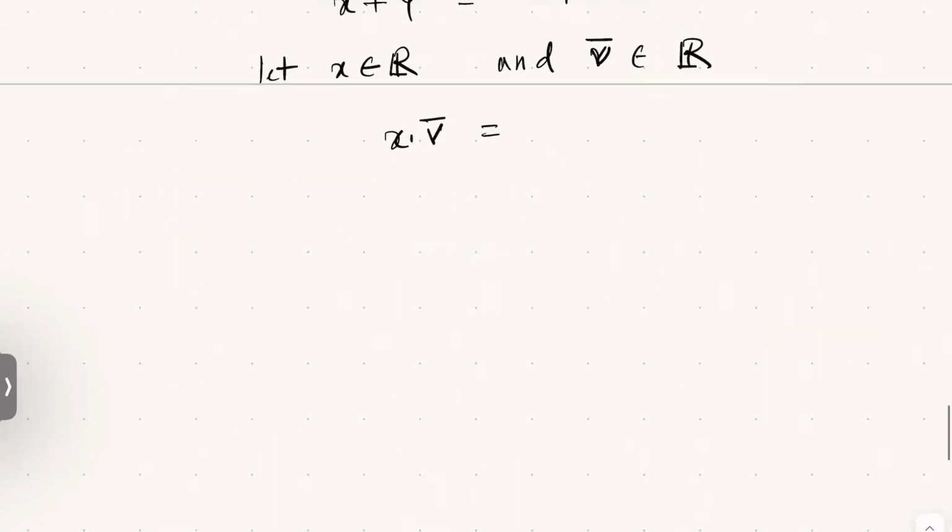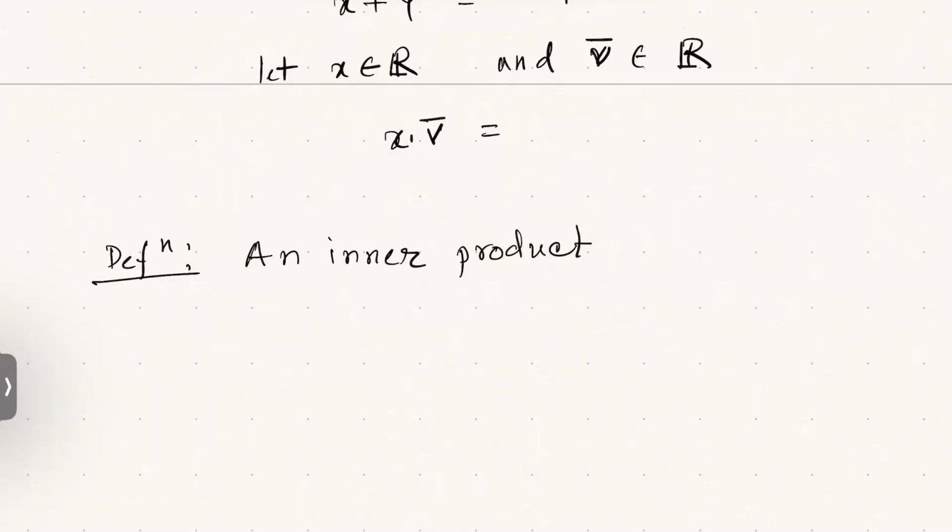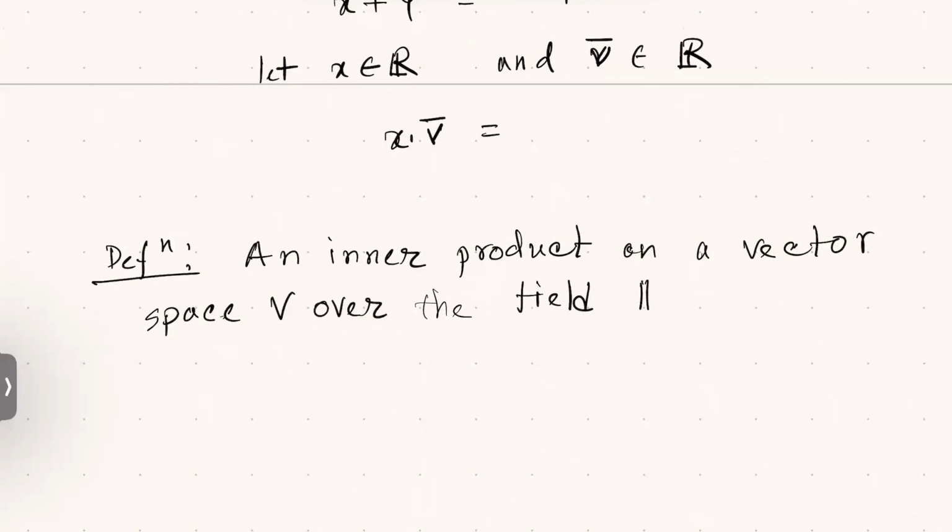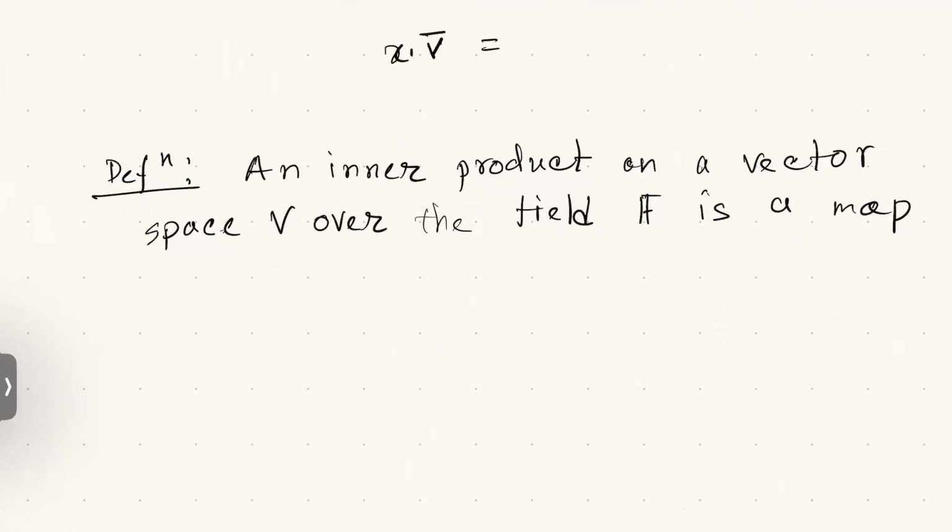And an inner product, so definition: an inner product on a vector space V over the field F is a map, and this map is defined by something like this.